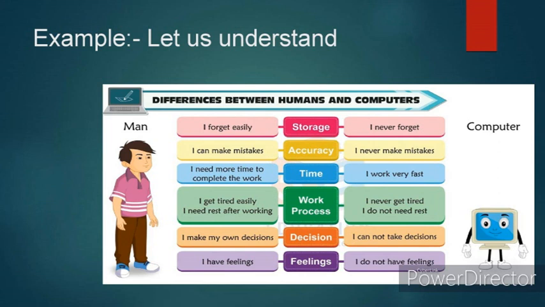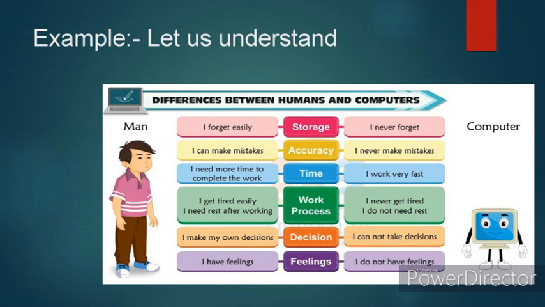Now fourth point, work process. Man says, I get tired easily. I need rest after working. Computer says, I never get tired. I do not need rest. Now fifth one, decision.